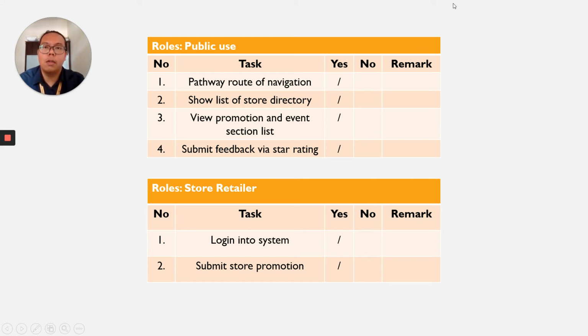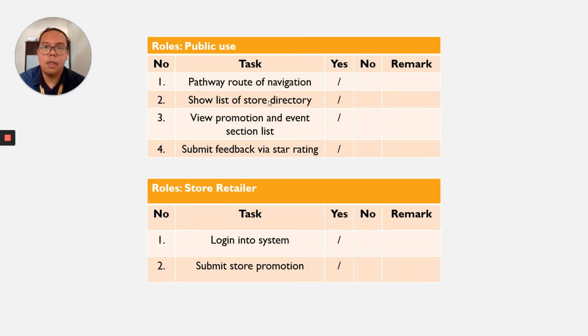This is the role of the public user. The tasks are path route of navigation, show list of store directory, view promotion and event section list, and also submit feedback via storage.